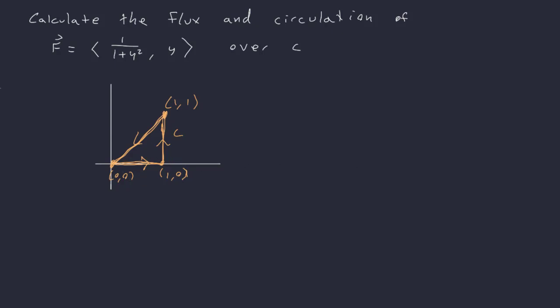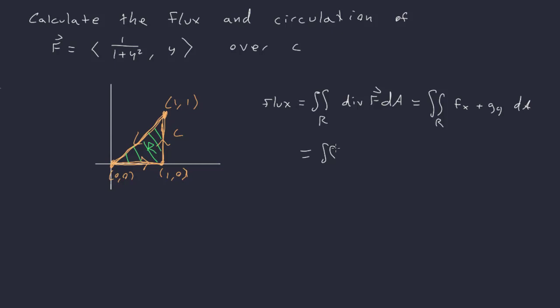To do so, we need to find a way to come up with limits for this region R, right? Because for, say, the flux, by Green's theorem, that's going to be the double integral over R of the divergence of F. The divergence of F, if we remember, is f sub x plus g sub y.